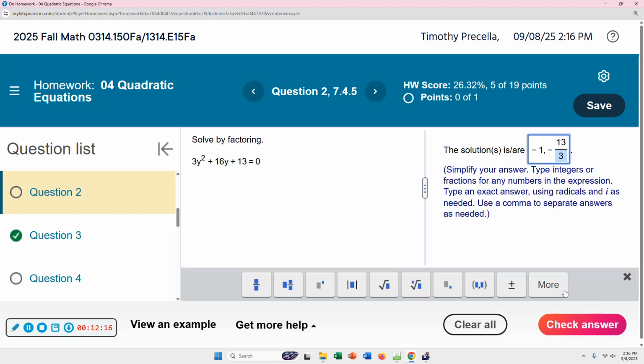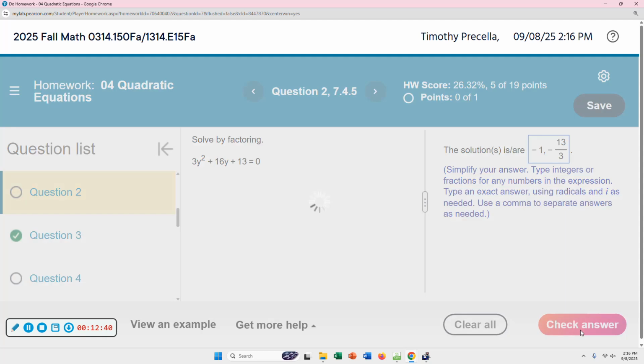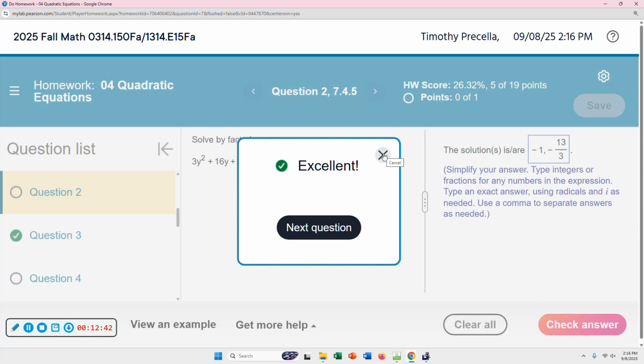Oh, wait. You'll notice if you wanted to type it in as a mixed number, what would that be? 3 goes into 13 4 times, remainder 1, so negative 4 1/3. They do have a little mixed number hot button here, which I have never used, okay? So my advice to you, don't use that. I know it's not there always anyway.